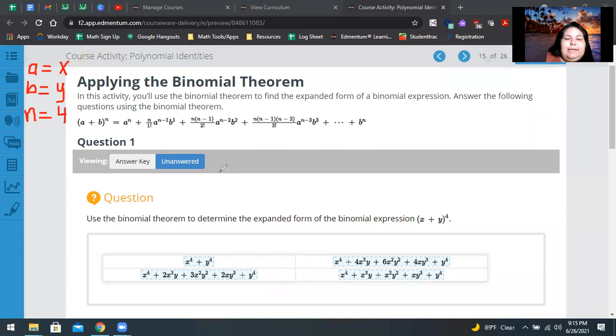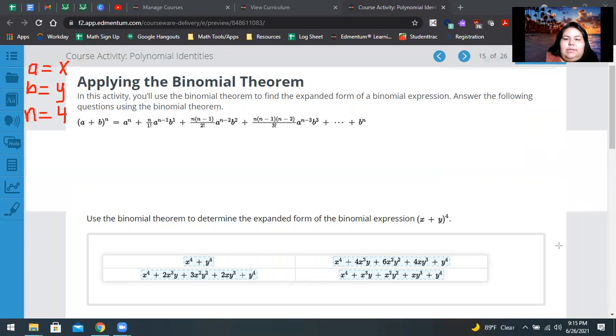So we just fill it in. Let's give me more room here to see. First it is A to the N power, so it's x to the 4th power. That's our first term. Plus, now it's going to be N over 1 factorial. N is 4, and 1 factorial is still 1.